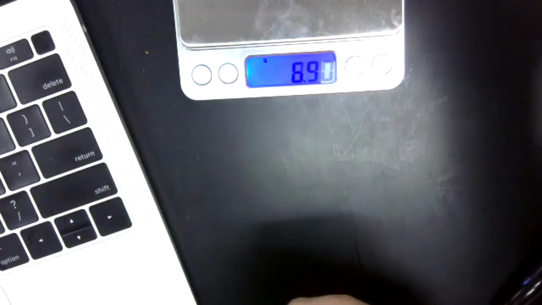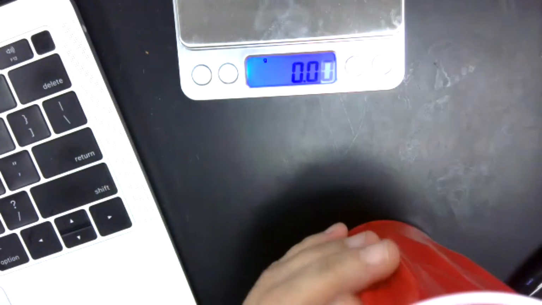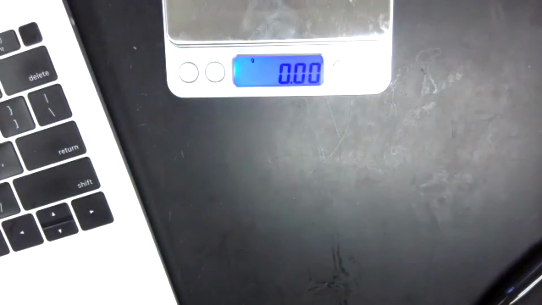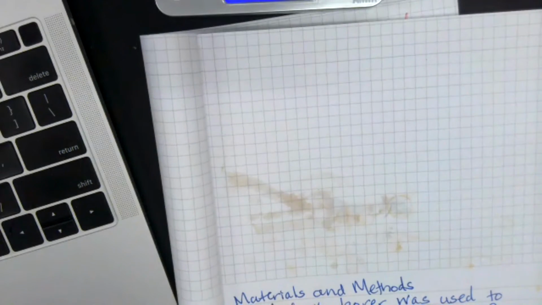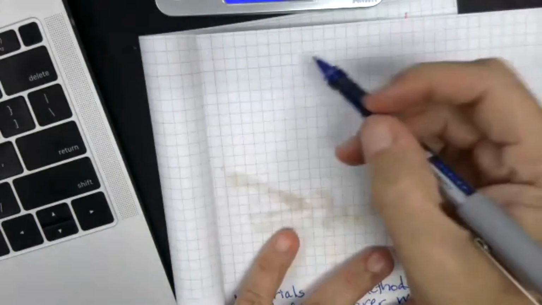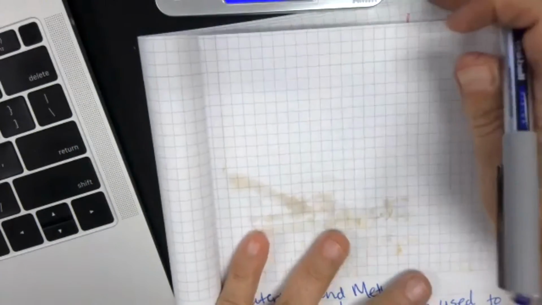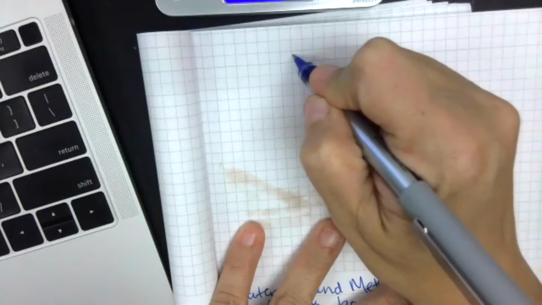Okay, so let's go back to the table. And hopefully this is not confusing. All right, so I'm going to make table 1. And what we need to record is the initial mass.